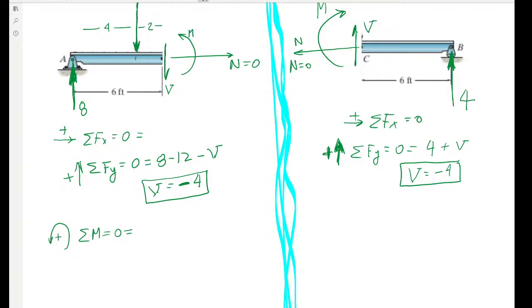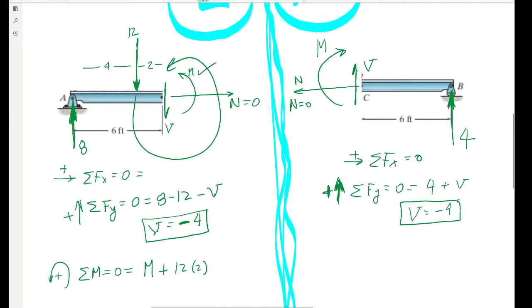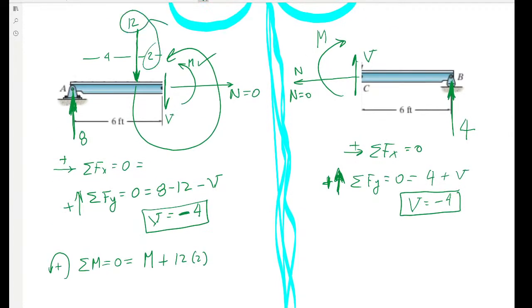We will take this one first, and it is positive. Well, first let's take the moment here. It turns out to be positive, plus my 12 times my 2. So my 12 times my 2.